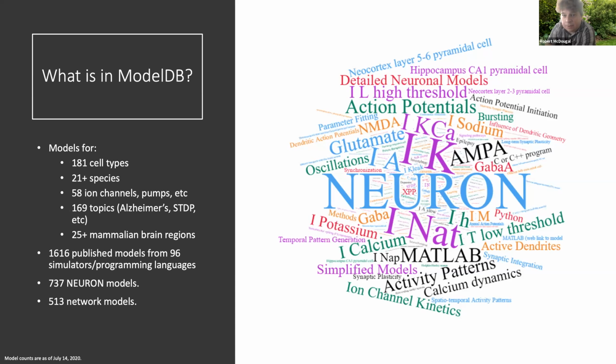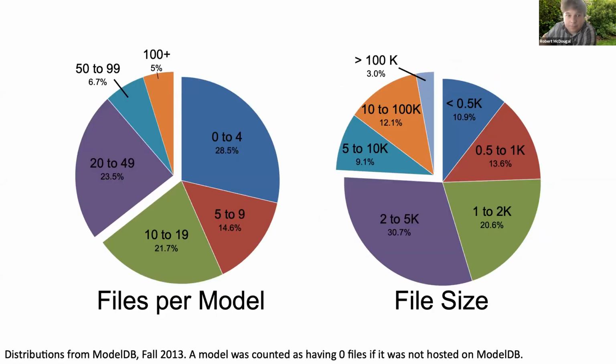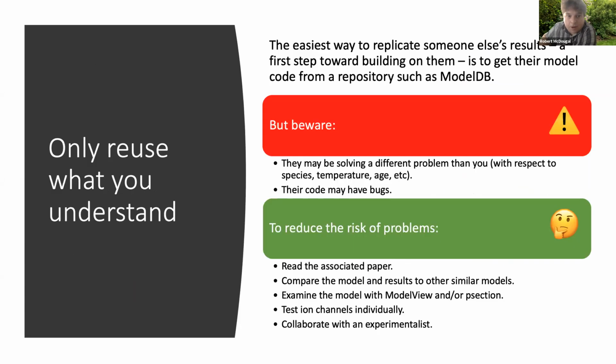So there's a lot within ModelDB that you can use as starting points to build your own model, as examples to see how to use a function, to see what's been done in the literature as part of your literature survey. We've already talked about this at length here. But fundamentally, anytime that you find something, you should make sure that you understand it.